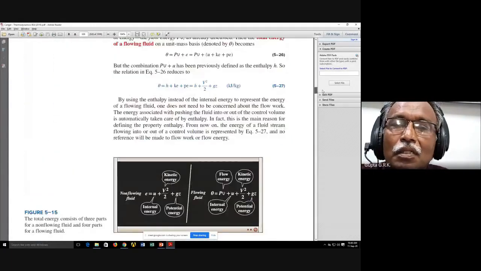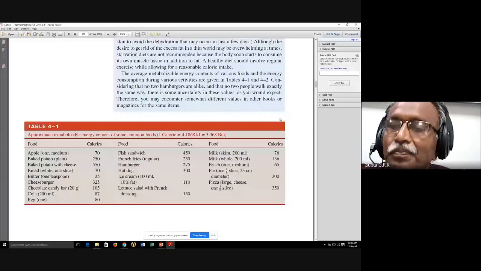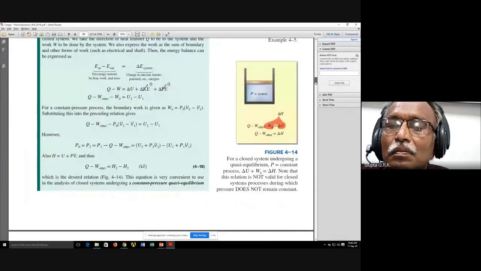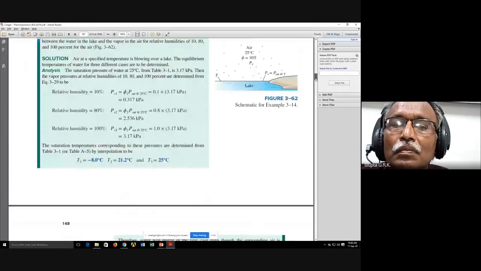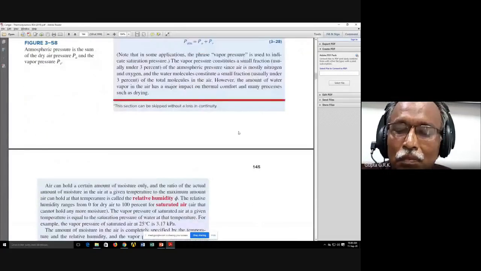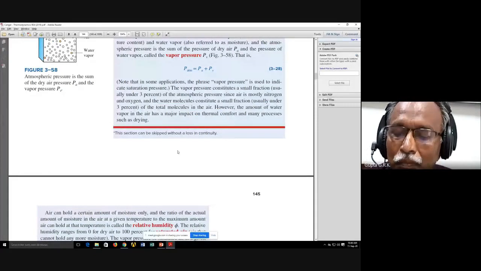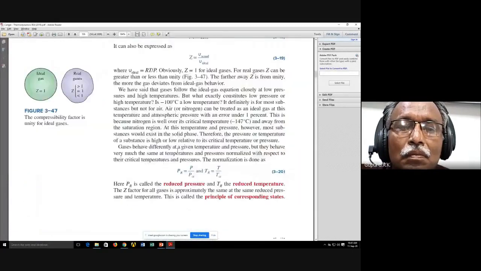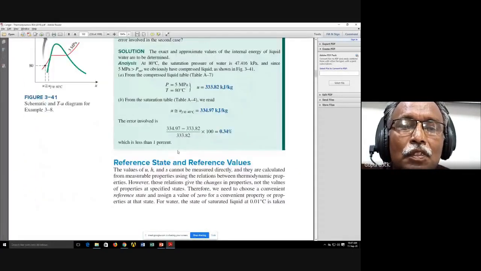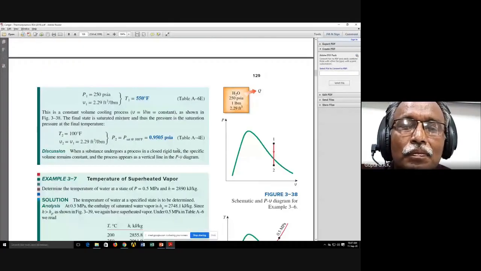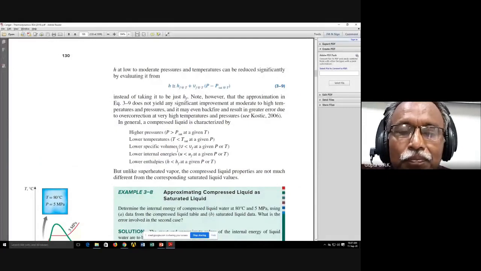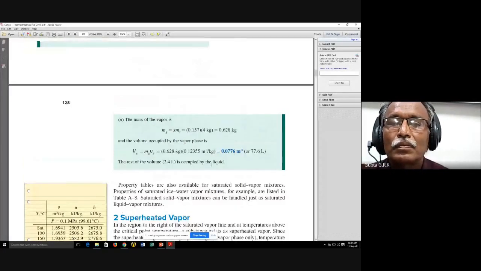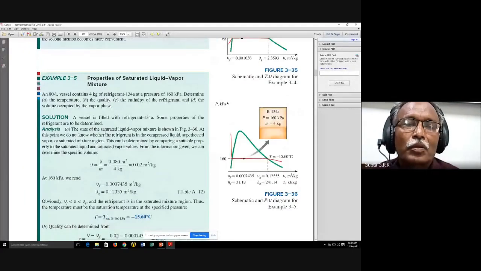So this is in the third chapter. Okay, we will see some of the problems.